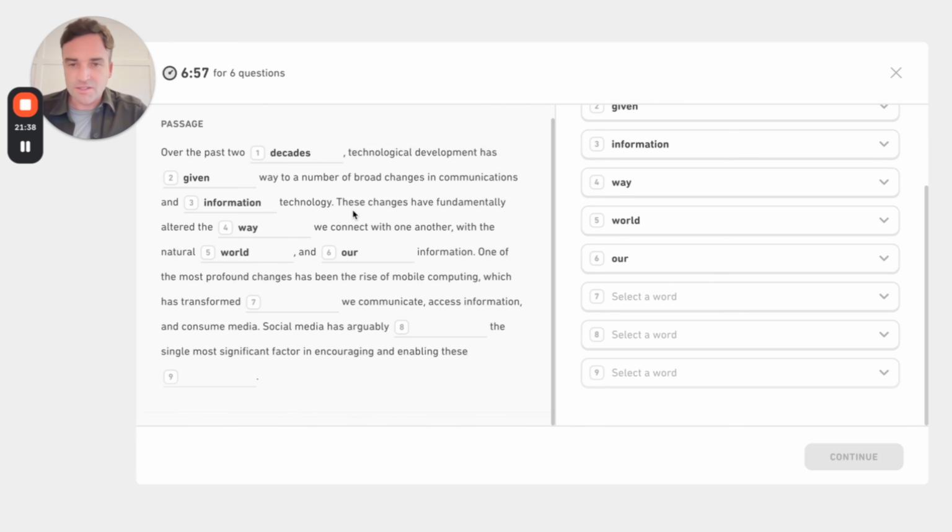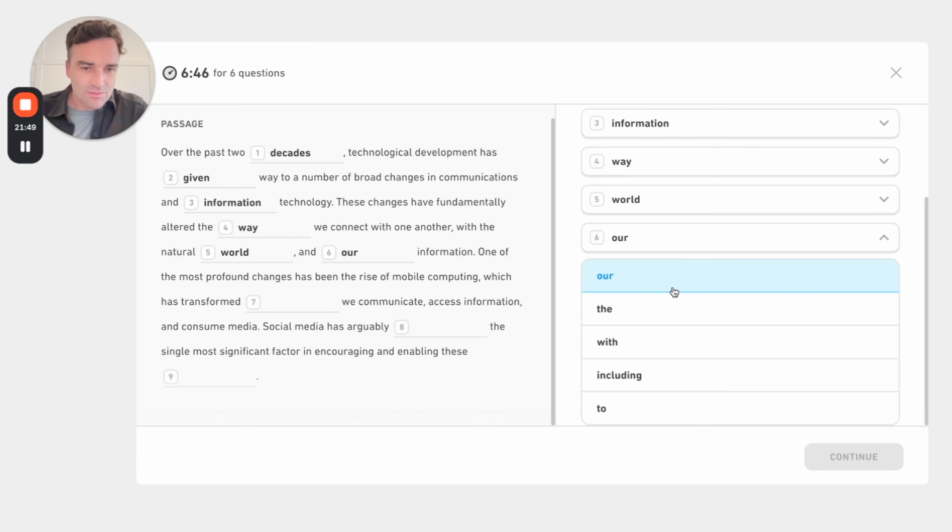Okay, so let's check this. These changes have fundamentally altered the way we connect with one another, with the natural world and our information. Do we connect and... I'm not sure.